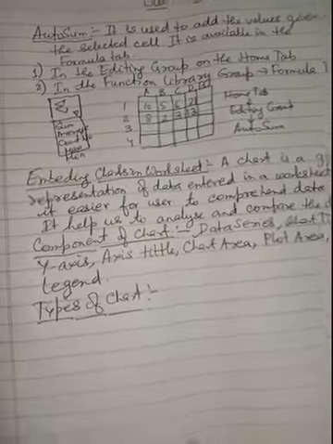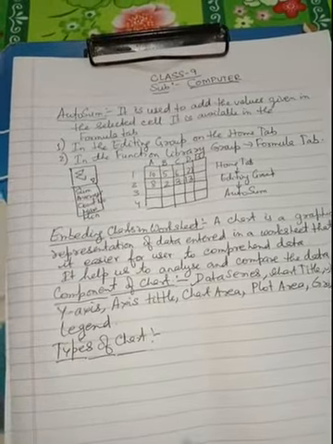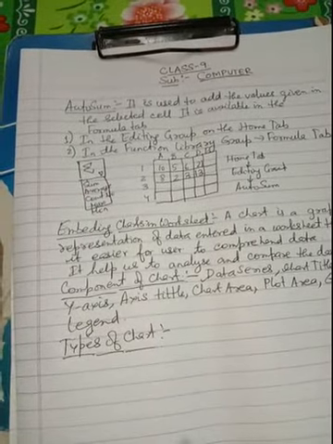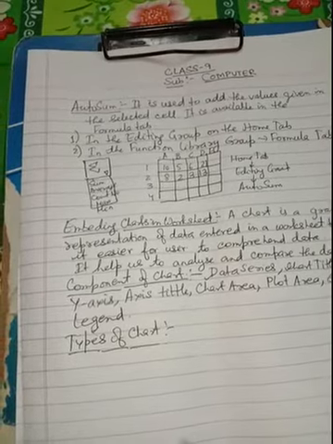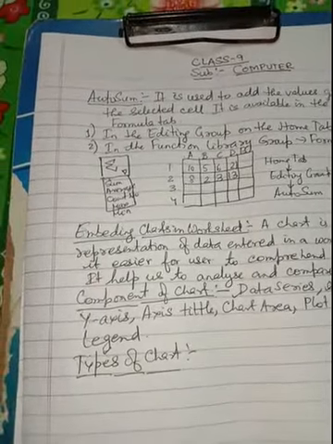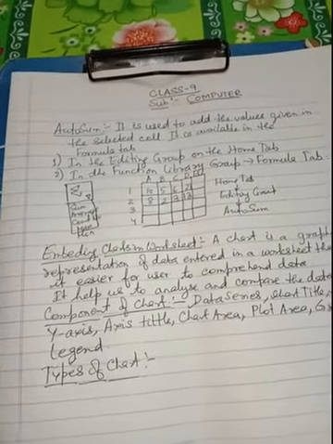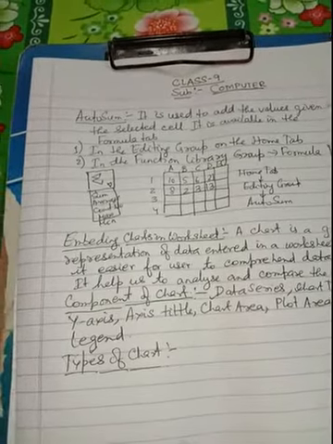Some common charts are column chart, bar chart, line chart, scatter chart, pie chart, area chart, radar chart, 3D surface chart, doughnut chart, combination chart, etc. Each chart has its own importance.